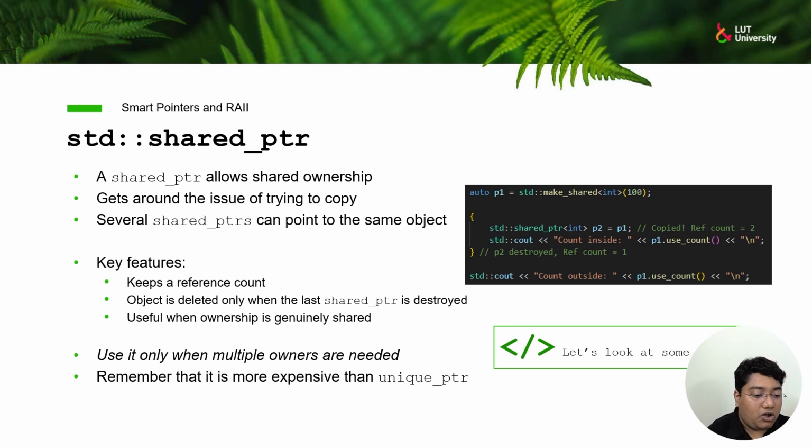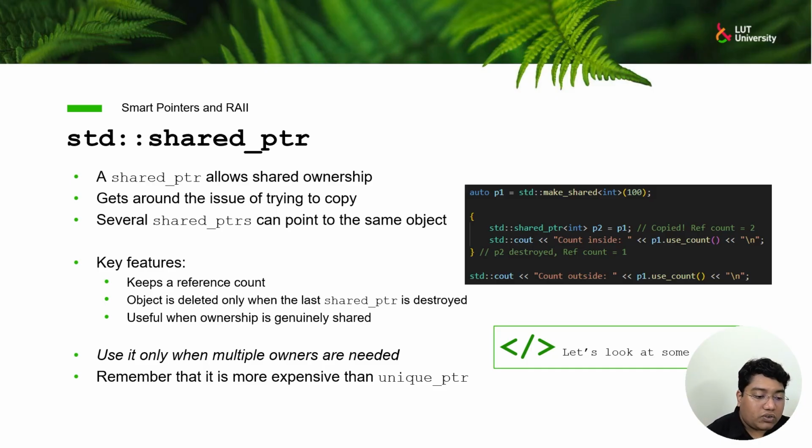Instead of deleting the object when one pointer disappears, a shared pointer keeps track of how many owners currently exist. This is called a reference count. Whenever a new shared pointer is created from an existing one, the count increases. Whenever one of them is destroyed, the count decreases.